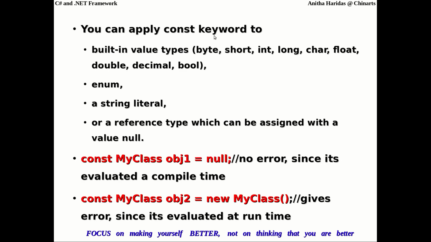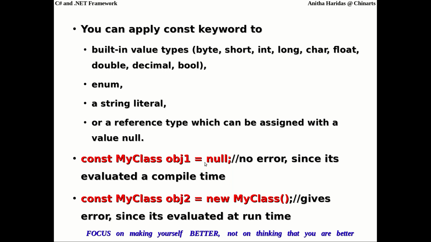You can apply the const keyword to any built-in data types like byte, integer, character, float, double, etc. You can also apply constant for an enumerated data type or to a string literal or even to a reference data type you can assign a constant. But if you are assigning it to a reference data type, remember the only value that you can assign will be a null value.